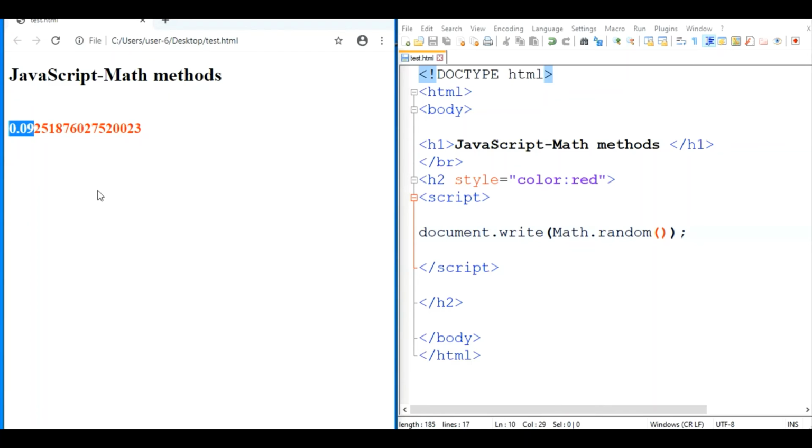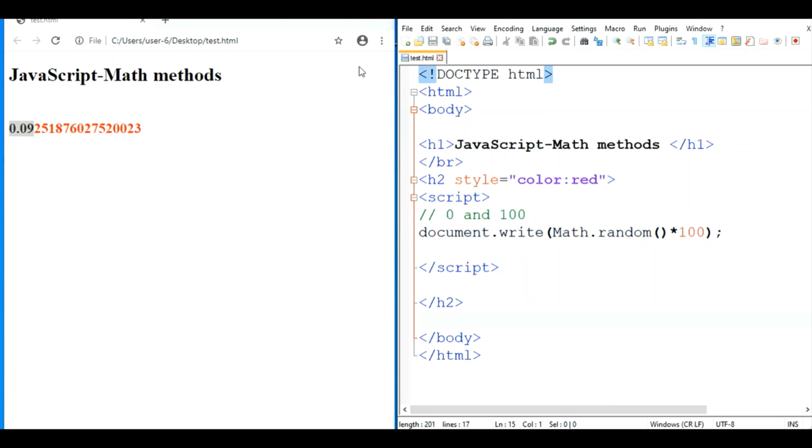But for example, if I want to print random numbers between 0 and 100, how should I write the code? Generally in many programming languages we want to generate random numbers like this. Now I should multiply whatever I am getting by 100.